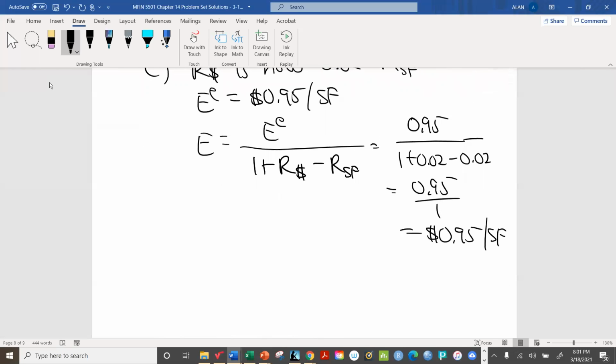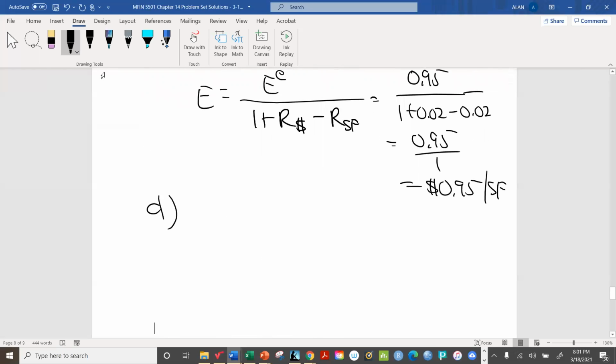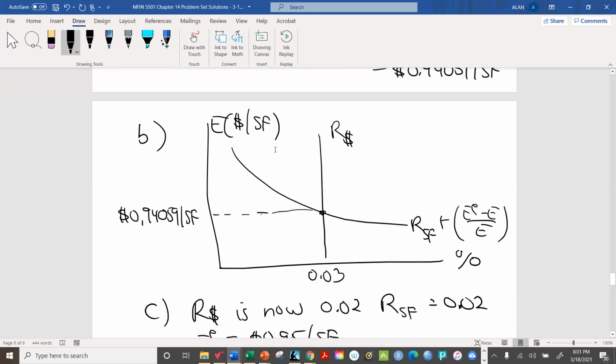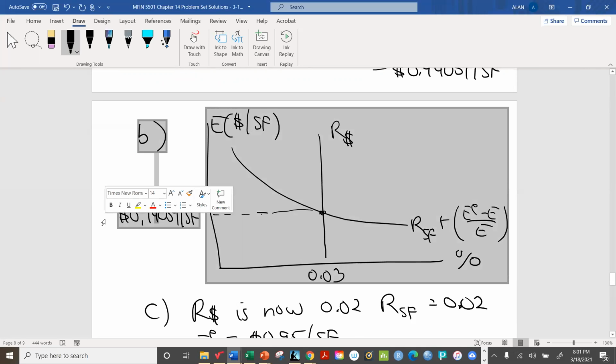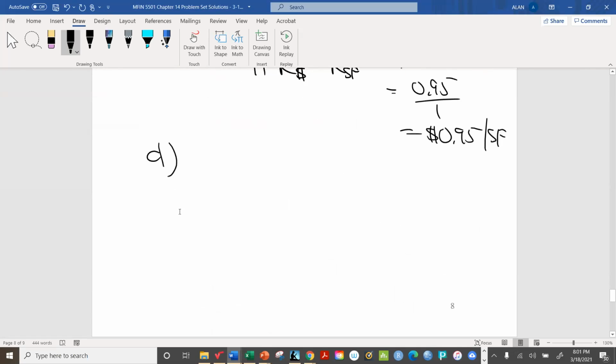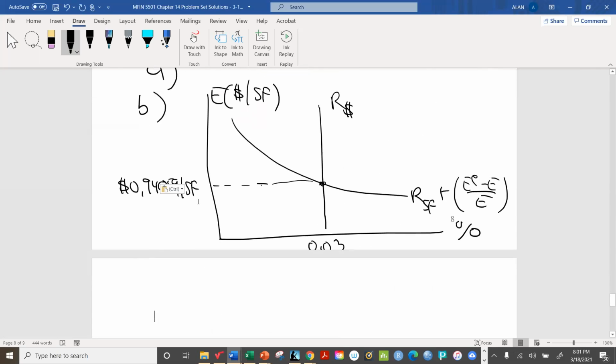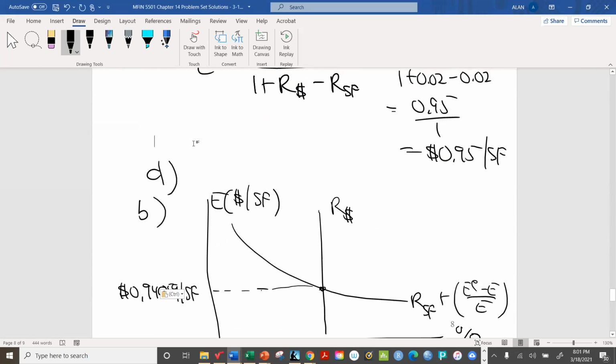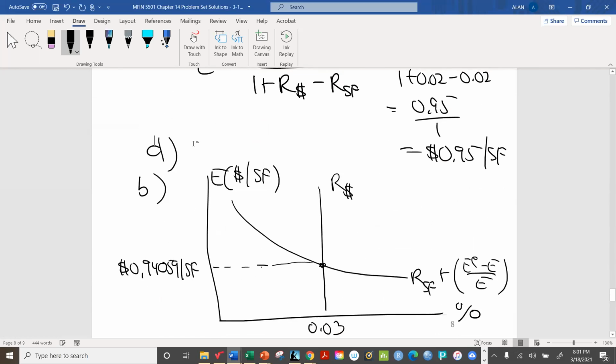And so in part D, we'd like to show that graphically. Yes, we'll copy this. That should be okay. And then we'll see what happens when the US rate drops. Okay, so we know that the US rate dropped from 3 to 2%, which means we move it over here.